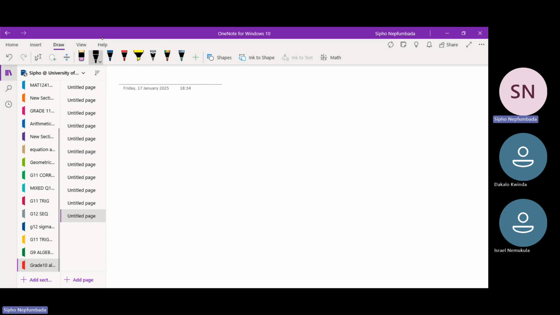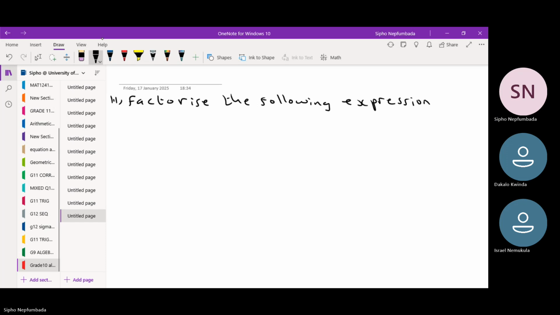Okay, let's say we've got the equation like this. Factorize the following expression fully.